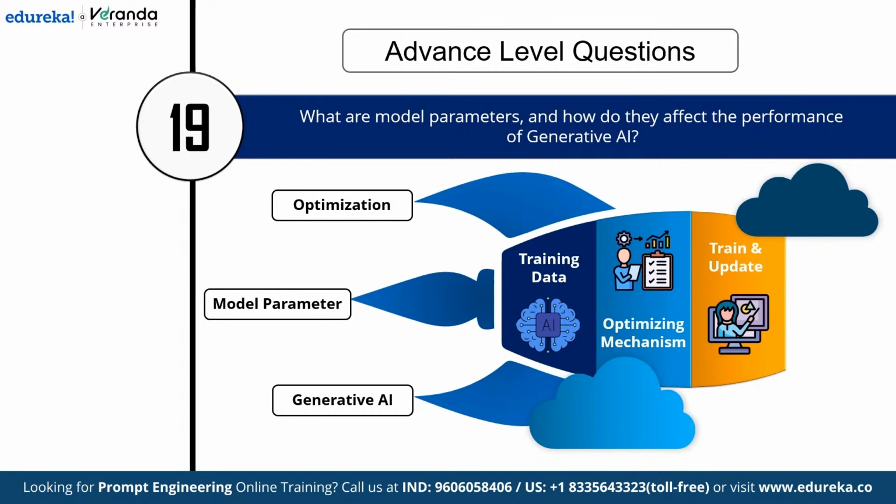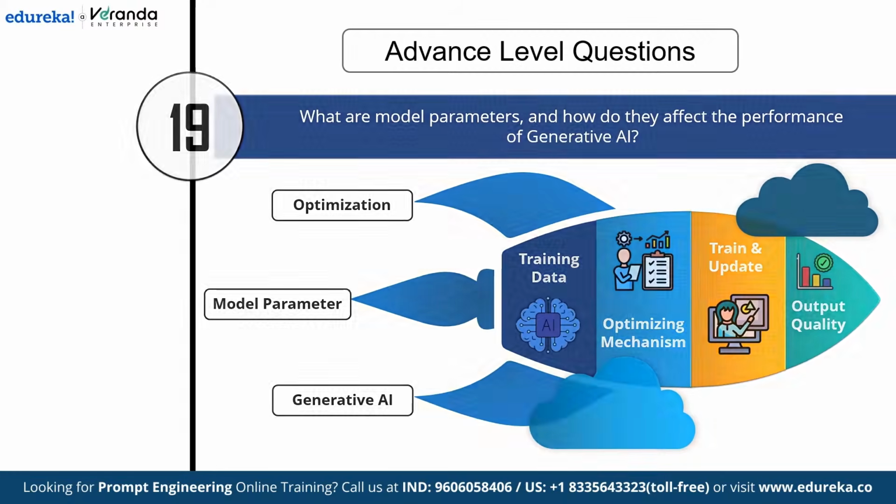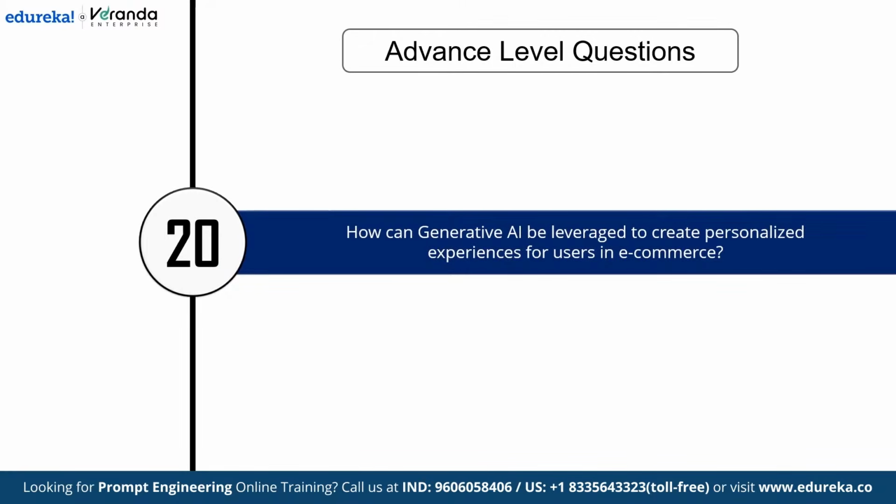Model parameters influence the content generation process, impacting the output quality. These parameters are crucial for feature learning, enabling the model to identify and utilize patterns in the data to generate realistic and meaningful outputs.